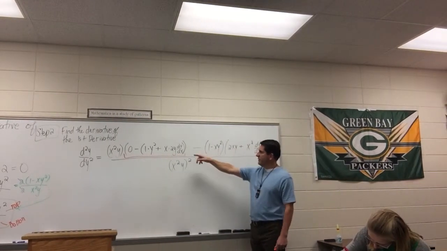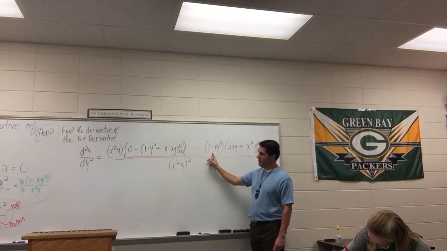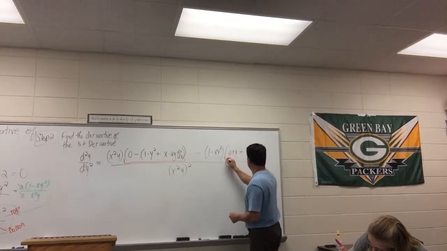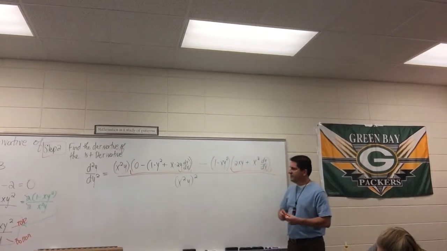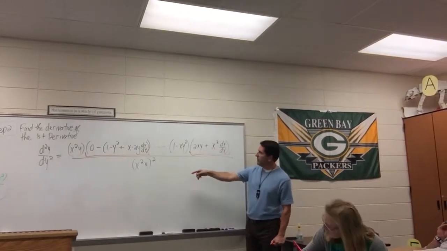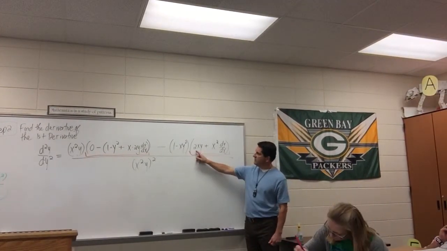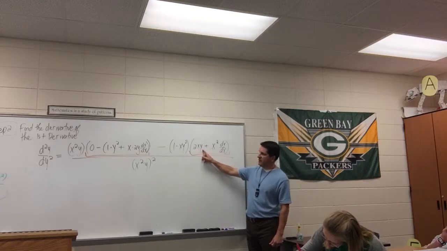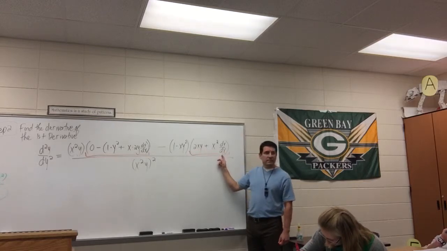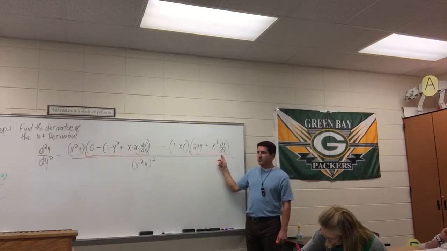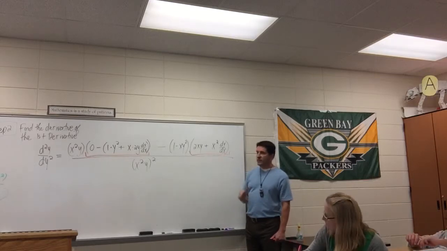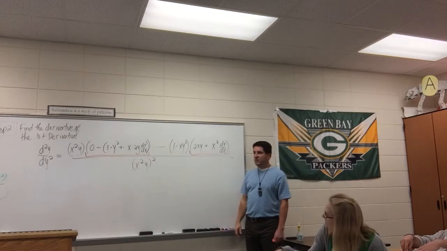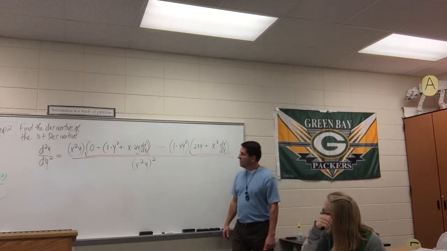So it's bottom times the derivative of the top minus the top times the derivative of the bottom. The derivative of the bottom, x squared y, is 2x times y plus x squared times dy dx, and it's all over the bottom squared. Piece of cake. That would not be your final answer, would it?